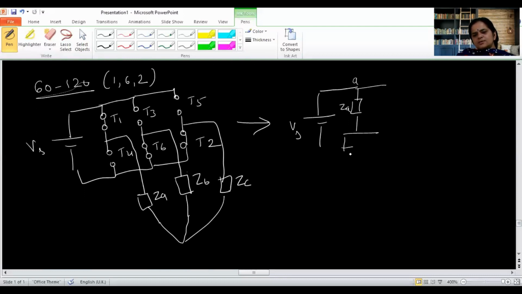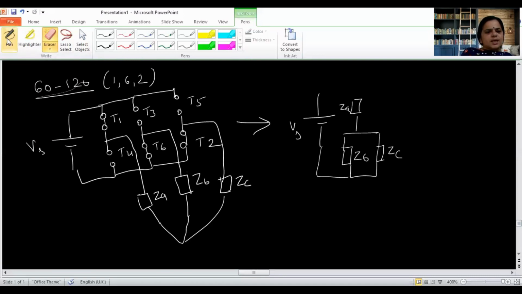So here ZB and ZC are connected to the negative terminal of the supply. This will be the final equivalent circuit. Now this is A phase, this is B phase, this is C phase and this is neutral.